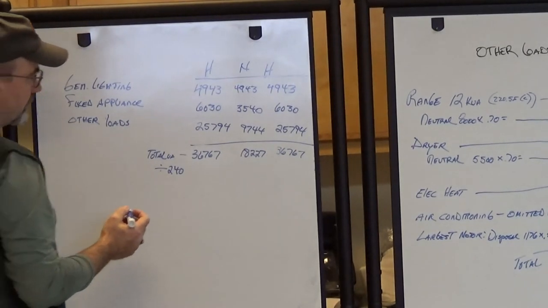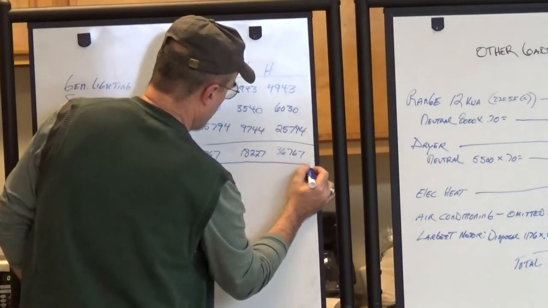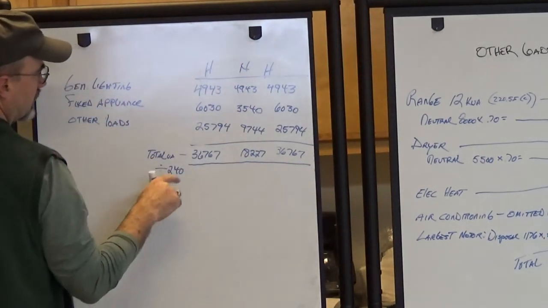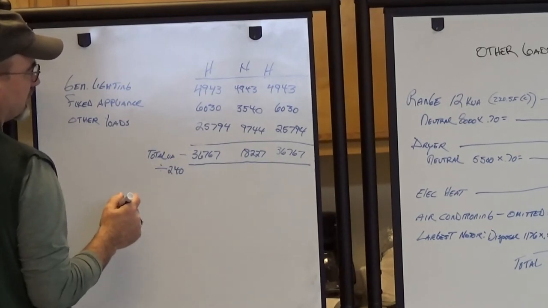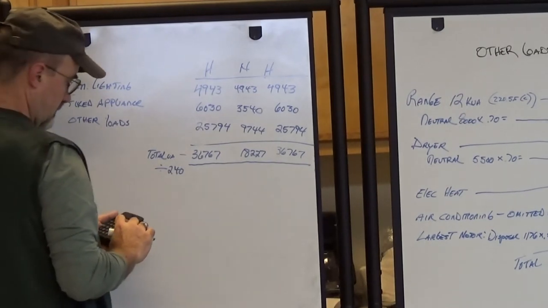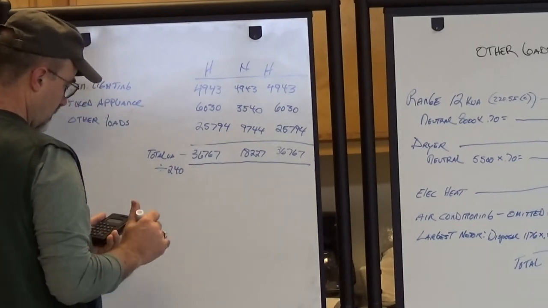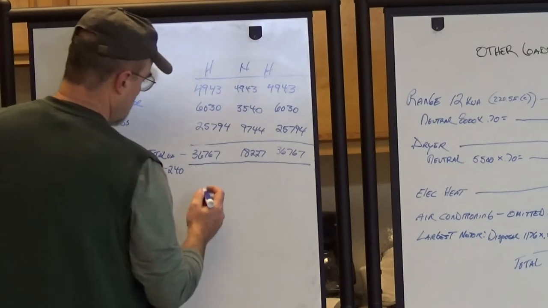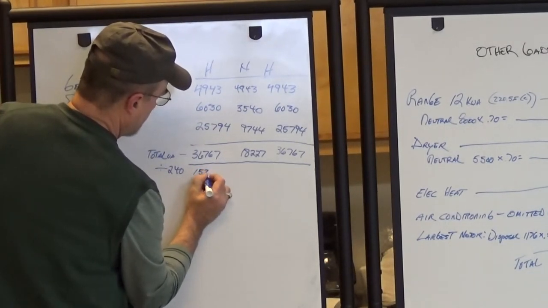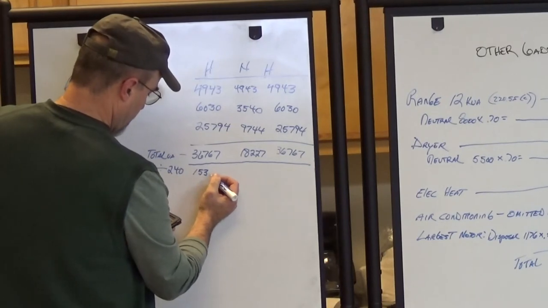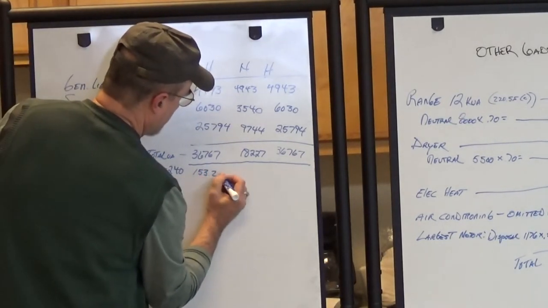Approximately 153.2. 36,767 divided by 240. Mm-hmm. 153.19, we can go 153.2, right? Yep.